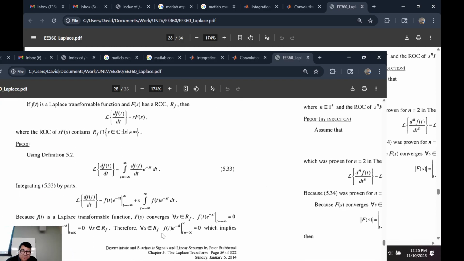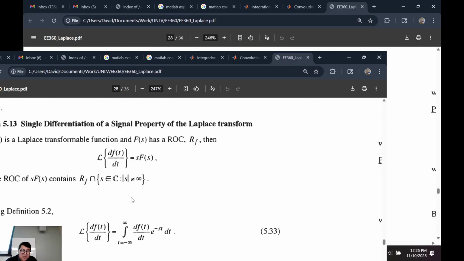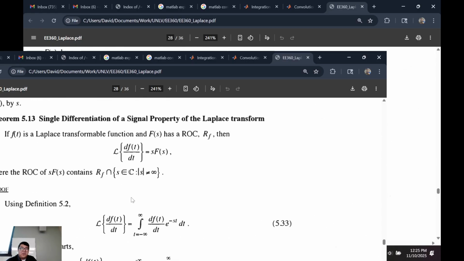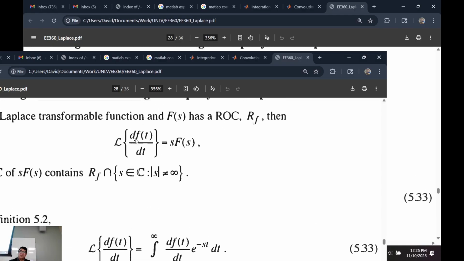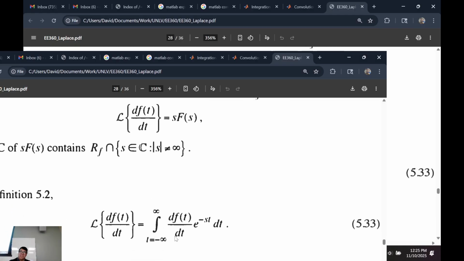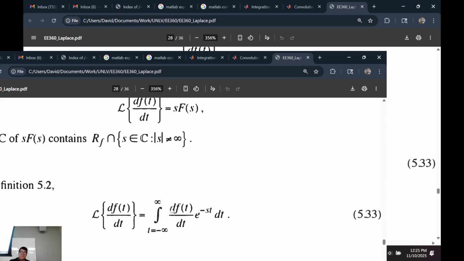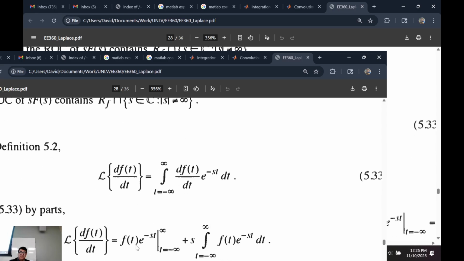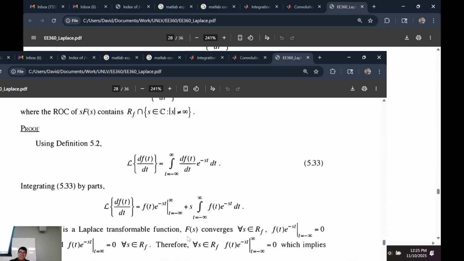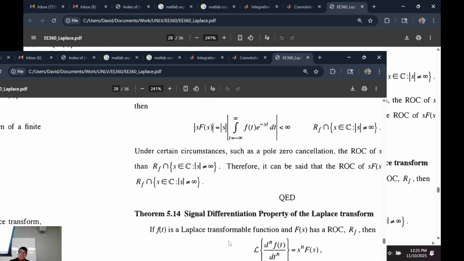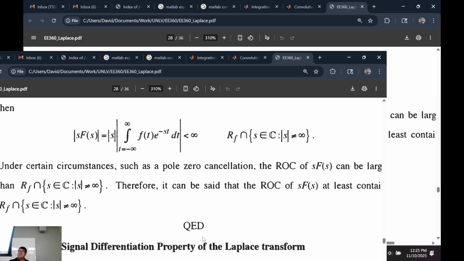And then he goes through an example. If someone's saying, hey, David, I don't believe you, well, here's the textbook. If you don't believe me, we're going to prove this, and he proves it like this. He does his infinite integral, boom. He solves for it. You guys know what QED stands for? You went over it in class, right?